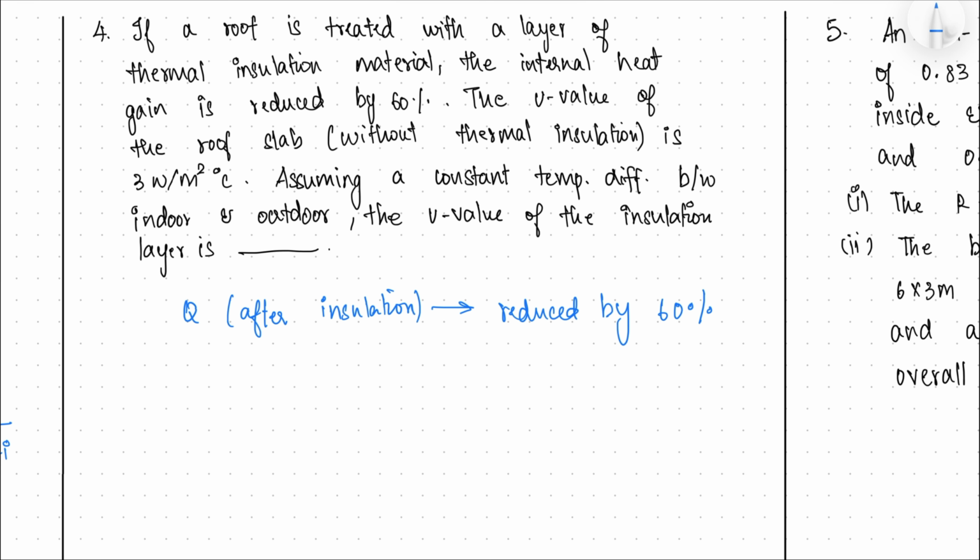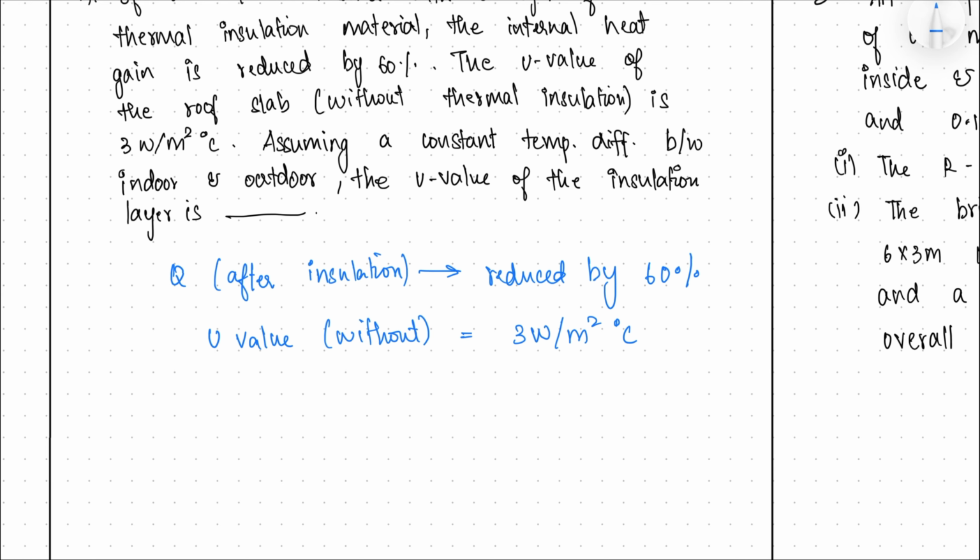This is the first line of the question. Then they have given us the U value without insulation, which is 3 watt per square meter degree Celsius.